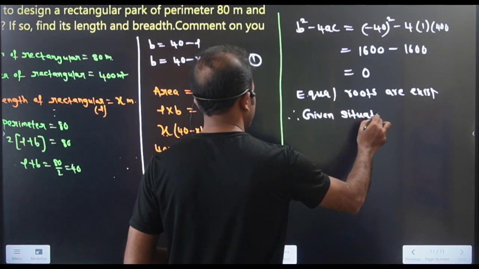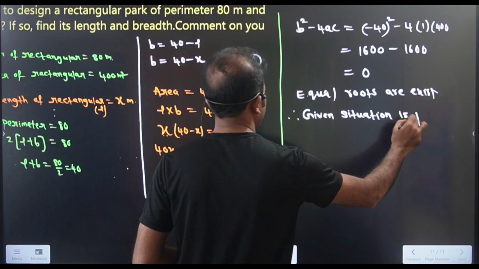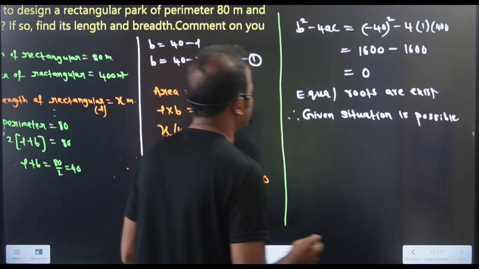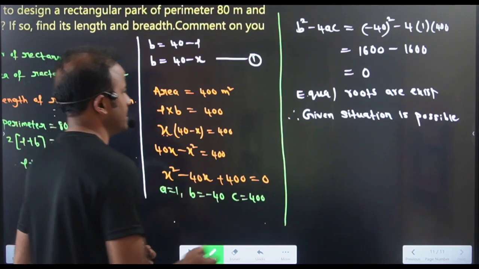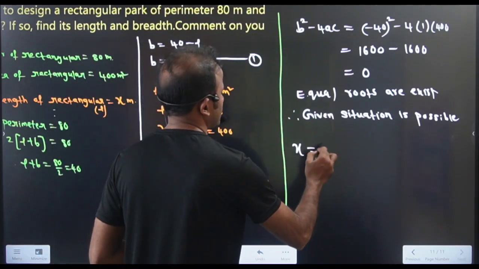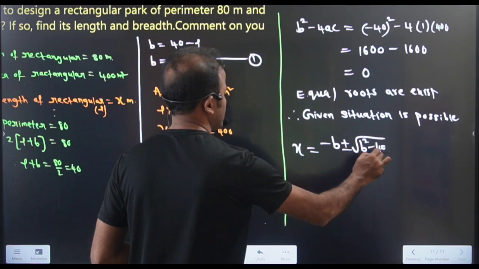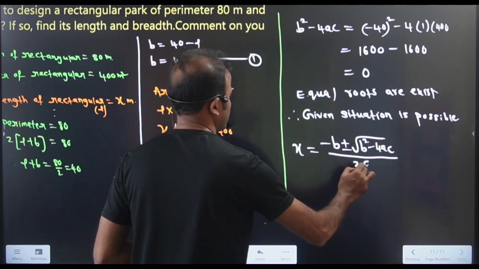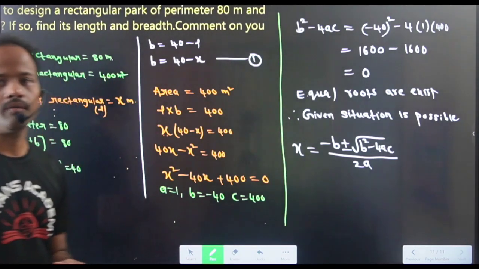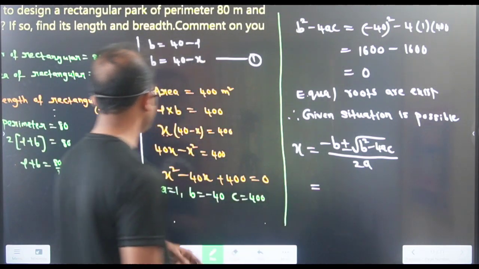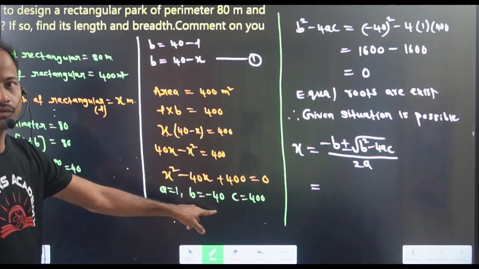If the given situation is possible, then what you have to do here? You have to find the x value, that is root, right? Now find the x value. x equal to, by using this formula, minus b plus or minus root over b square minus 4ac by 2a. What is the b here? b is minus 40.